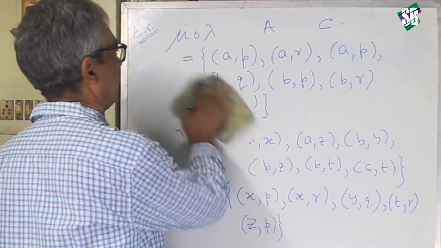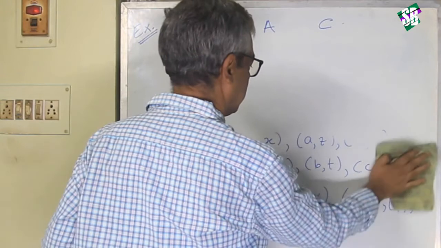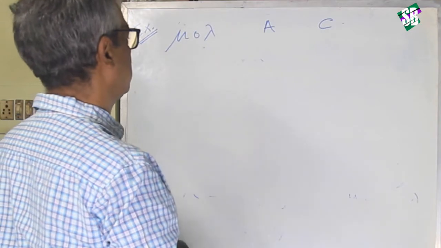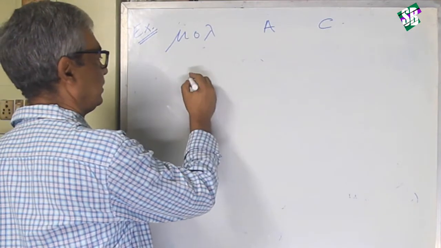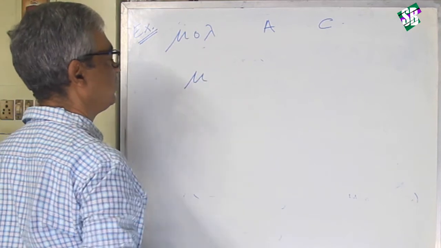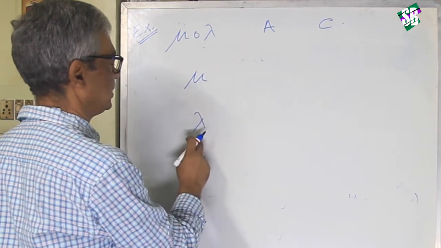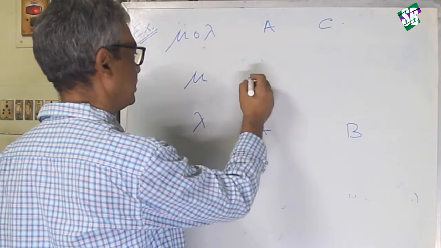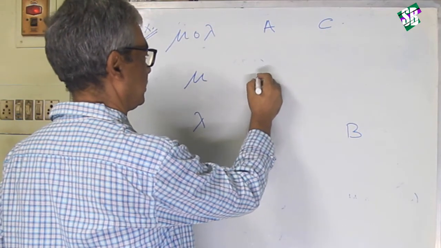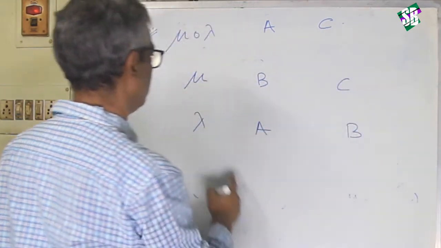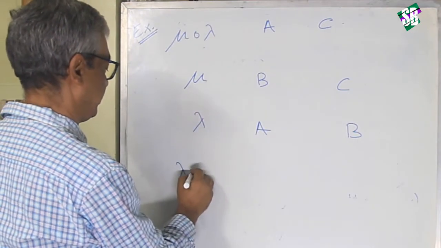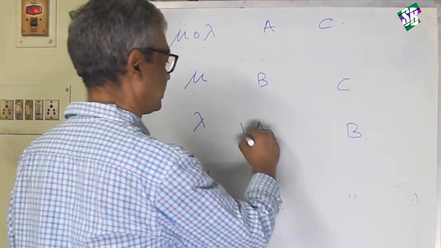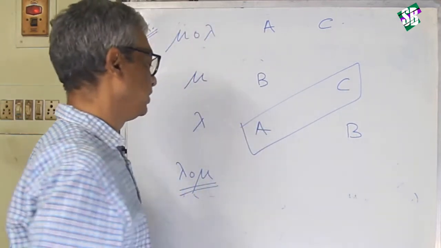Remember, lambda is a relation from the set A to B, and mu is a relation from the set B to the set C. So for lambda o mu to be defined, you must have these two sets to be equal.